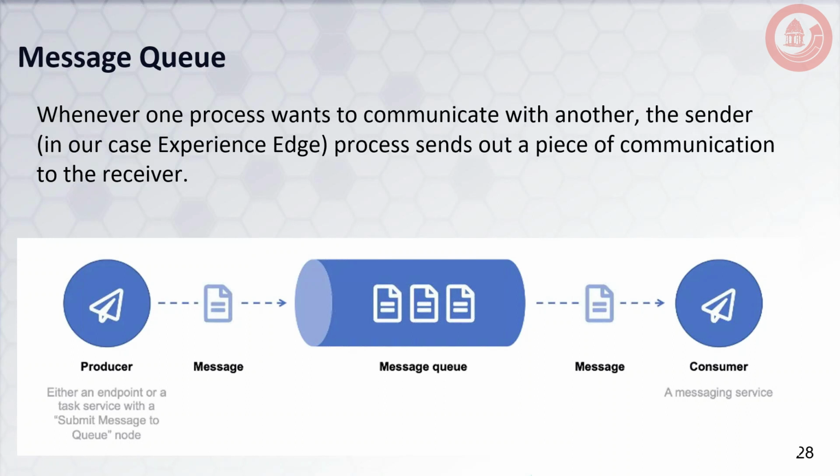So whatever we get as incoming payload from the webhook, we'll store it in the message queue and then release the webhook so that we don't get the timeout issue. Then our custom service API will dequeue the message from this queue and process it further. So I hope it is clear.